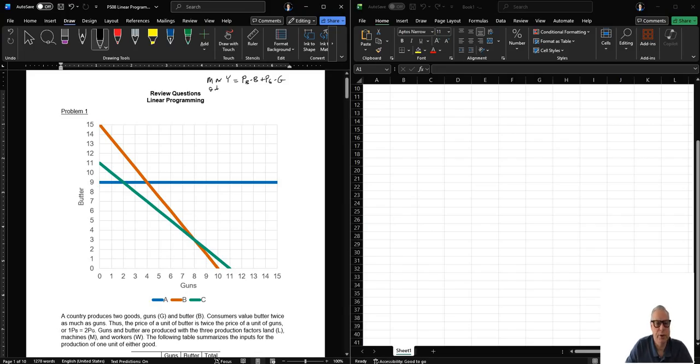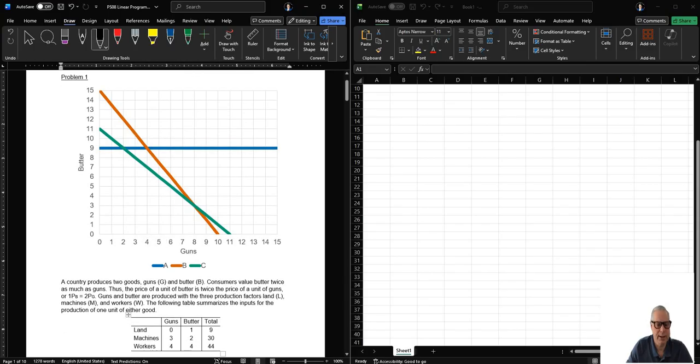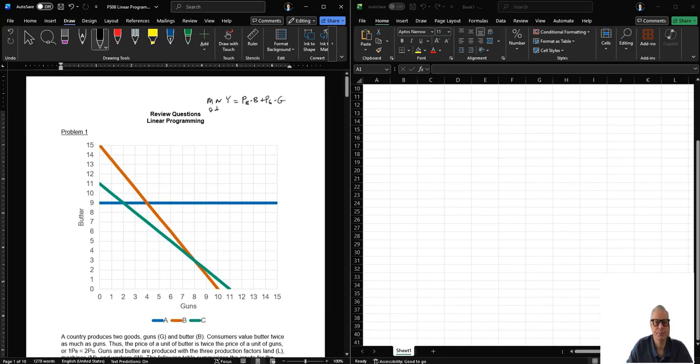So the constraints are, first, land. The production of guns requires no land, but butter does.